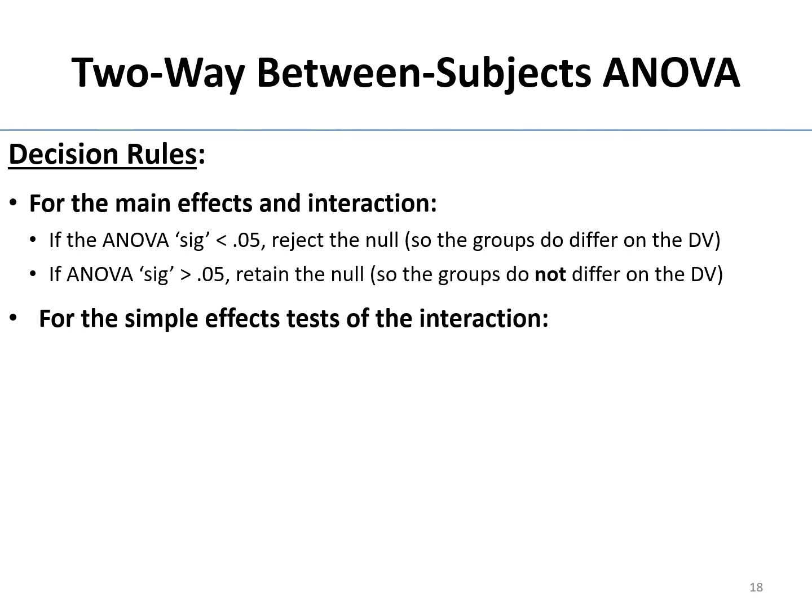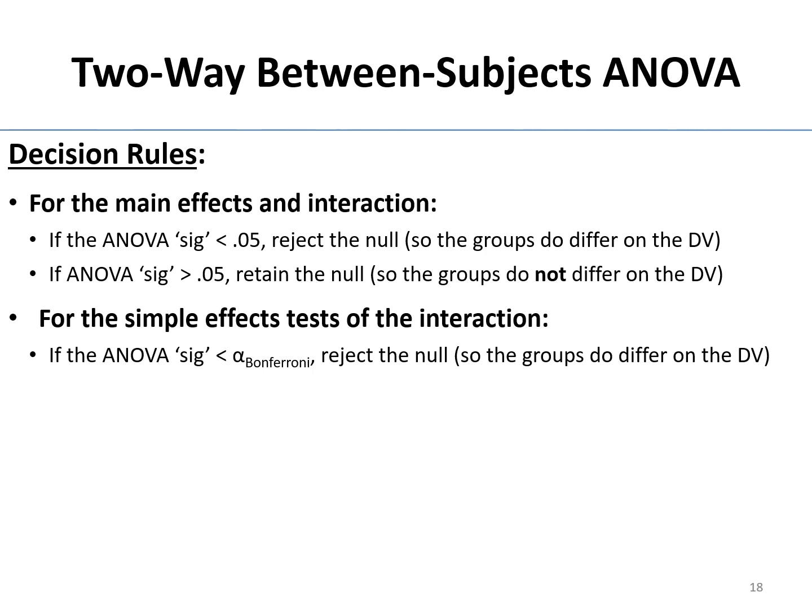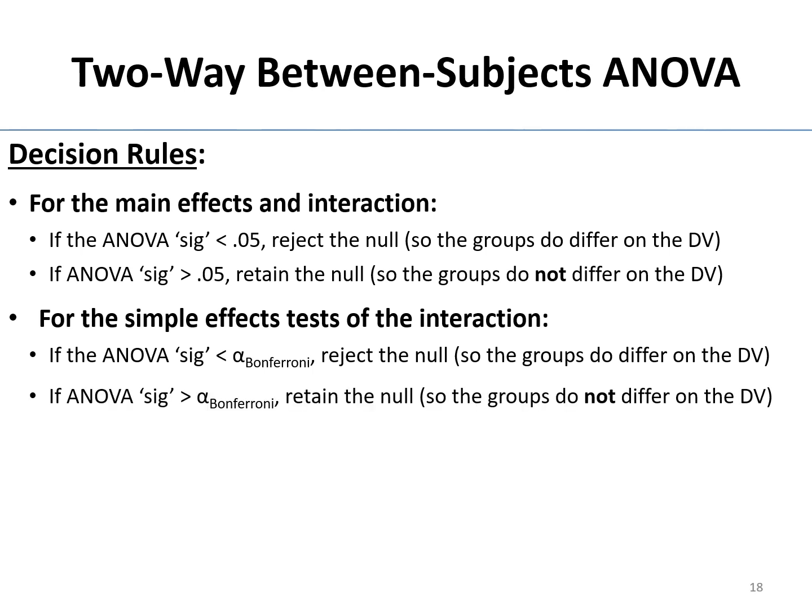So the simple effects tests for the interaction also have their own rule here. Because those use a Bonferroni corrected alpha level, the only thing that's different is you see if the simple effects ANOVA sig is less than alpha Bonferroni. If so, you reject that null hypothesis and conclude the same thing, groups differ. If the ANOVA sig is greater than your Bonferroni corrected alpha level, those groups don't differ.